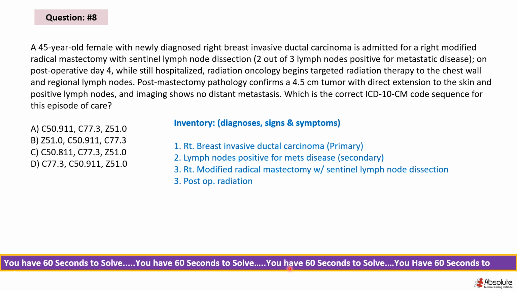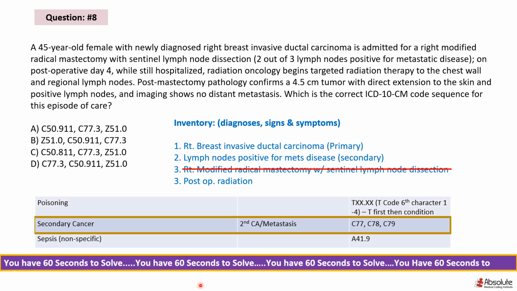So just to kind of simplify our list here, I'm just going to get rid of this procedure code. This would be more for a procedure. And I would also like to remind you all that for our secondary cancers, our codes, or the three start of the category there, are typically going to be the C77, C78, and C79.